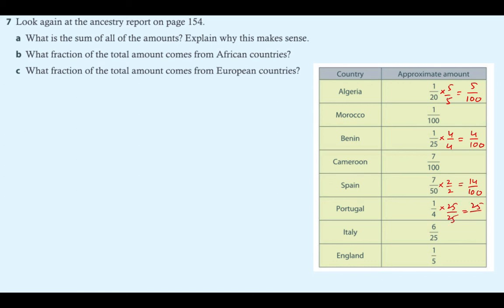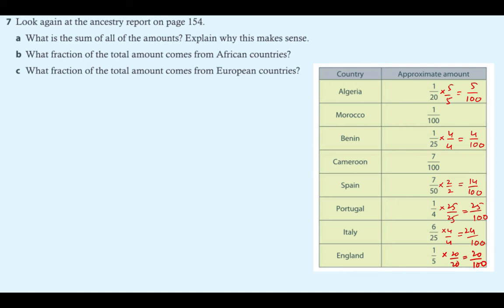So this is 25 over 100, and this should be multiplied by 4 over 4. So 24 over 100, and this should be multiplied by 20. So 20 over 100. And now we need to add all these values.